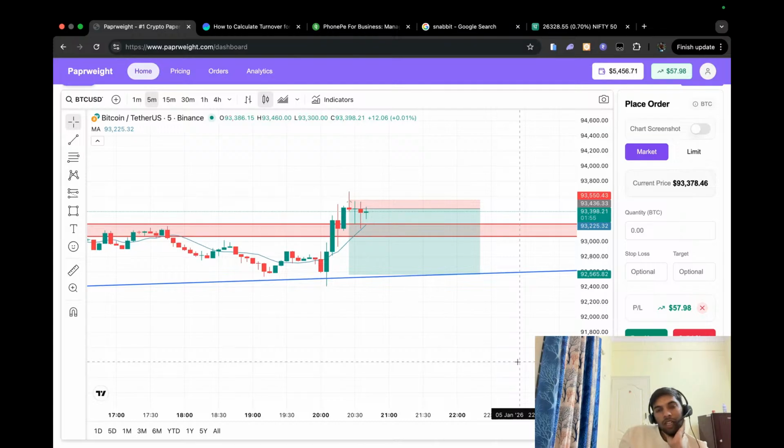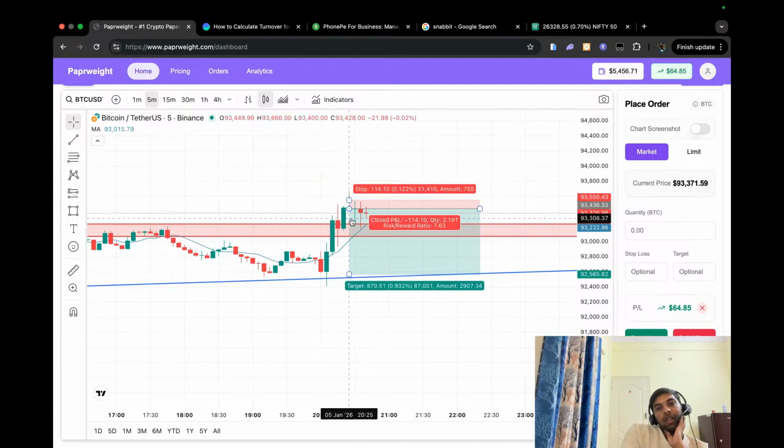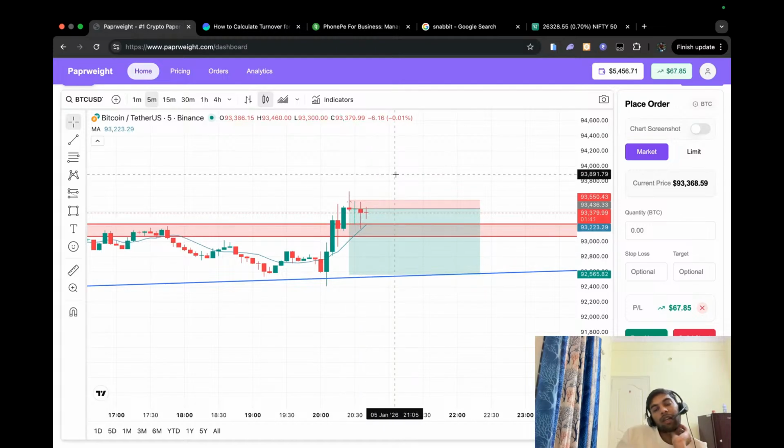But there's a chance that the market, because the market has already trapped all those buyers that got accumulated at this particular point, and now they have all their stop losses at this point, can go and take their stop losses. But let's see how the market behaves now.